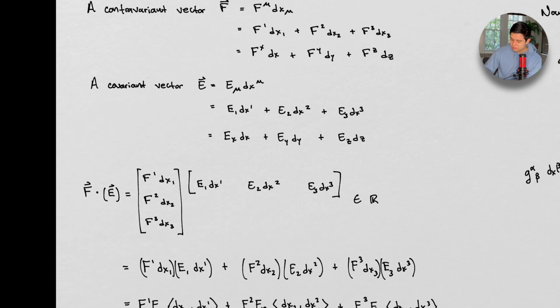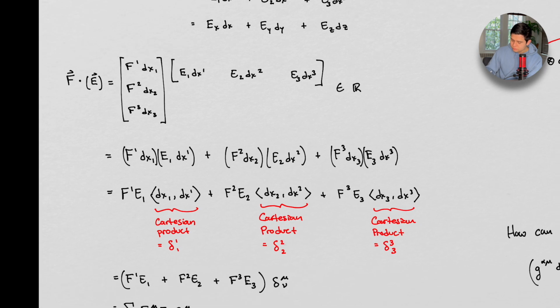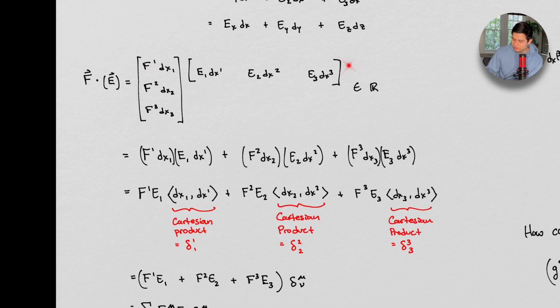So we might ask now, what about, so we said when f is applied to e, so a contravariant vector is applied to a covariant vector, we want to get a number. So that means we can write the contravariant vector in this way, and we can write the covariant vector in this row fashion, so that when we do that, we get a number.